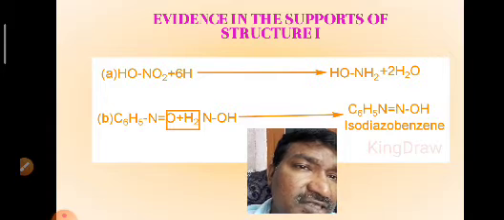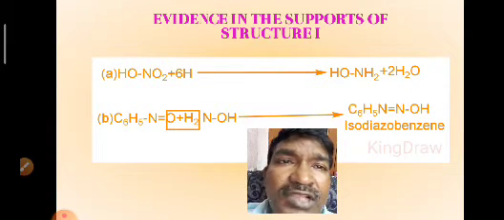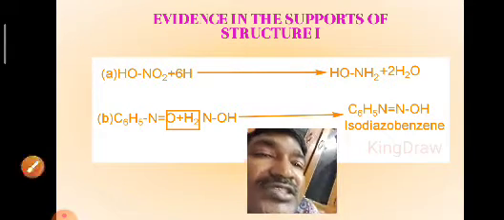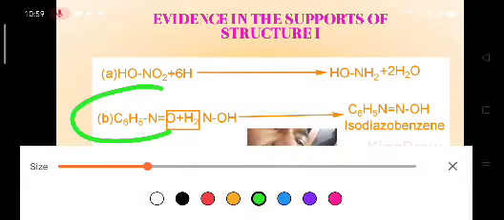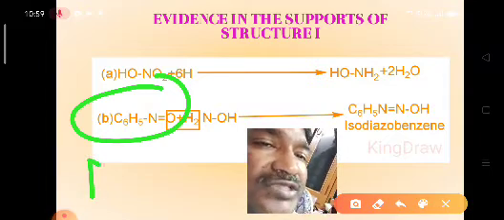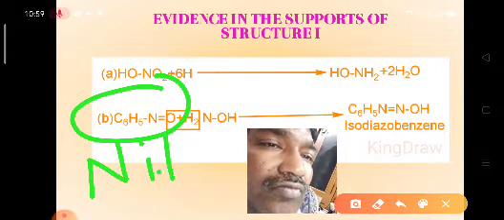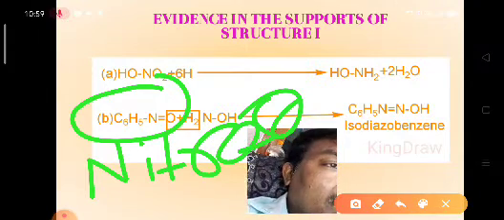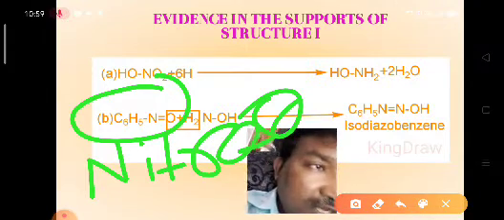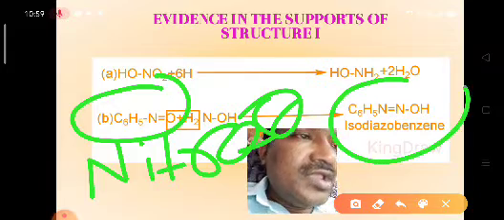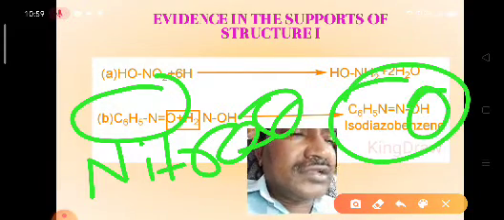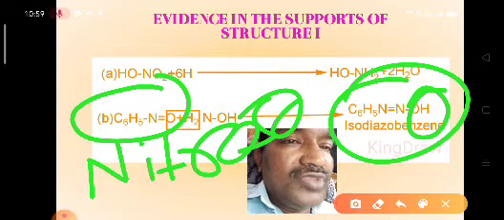One more evidence is that hydroxylamine reacts with nitrosobenzene. This one is C6H5NO, known as nitrosobenzene, and forms isodiazobenzene. In isodiazobenzene, on a nitrogen atom we have one hydroxyl OH group.